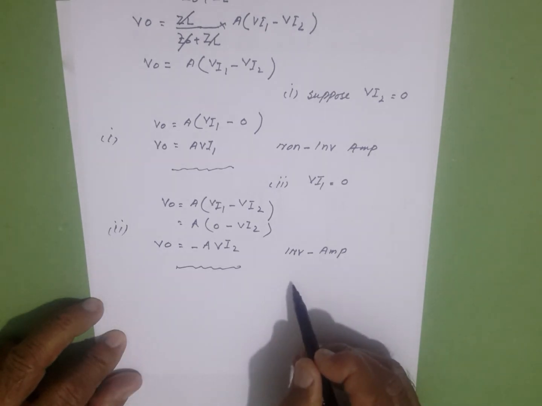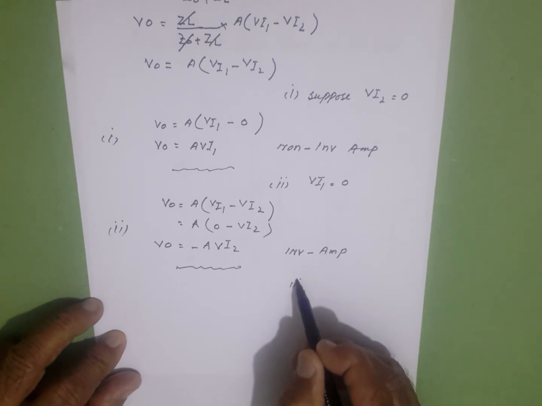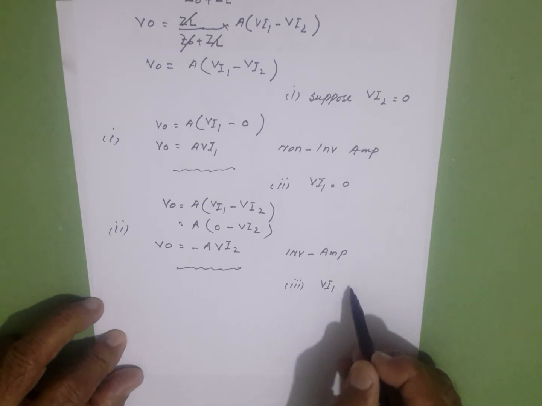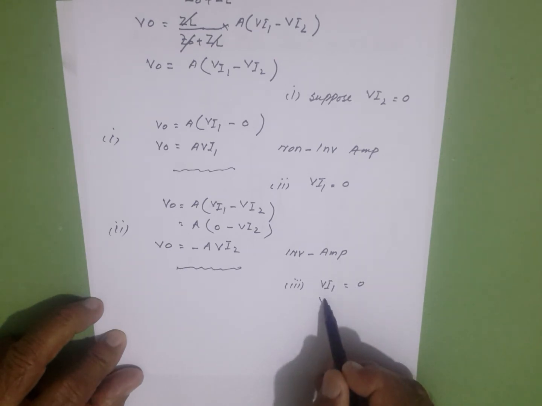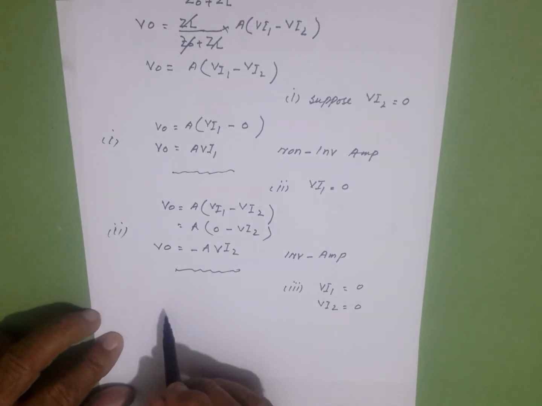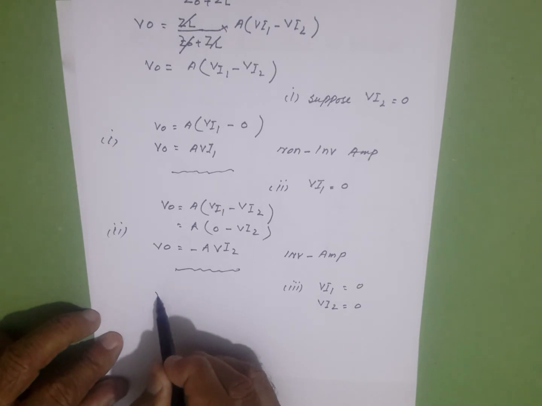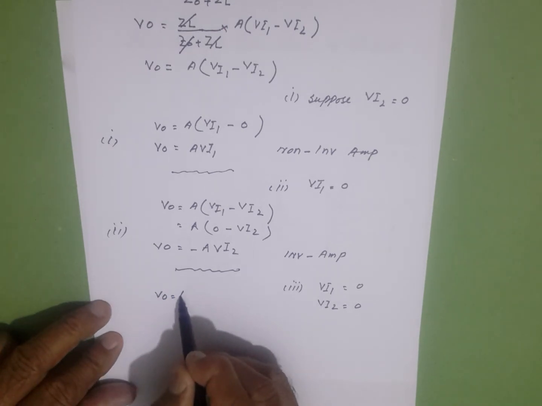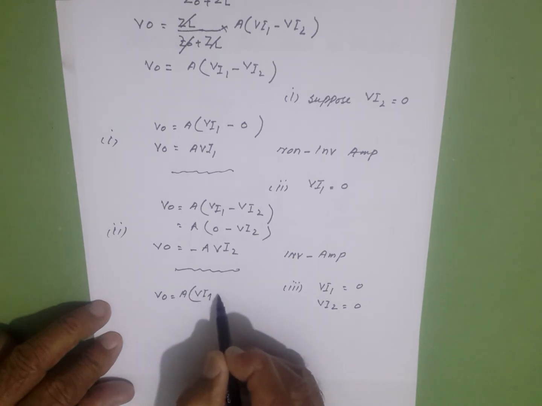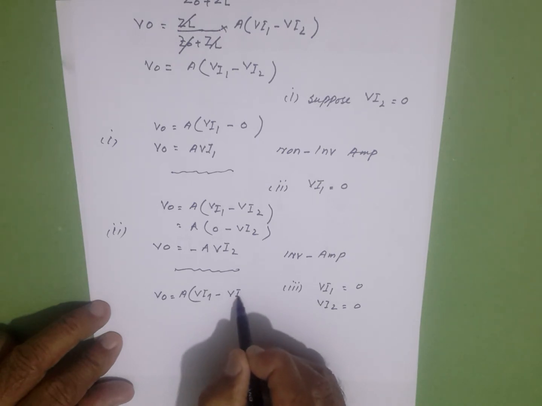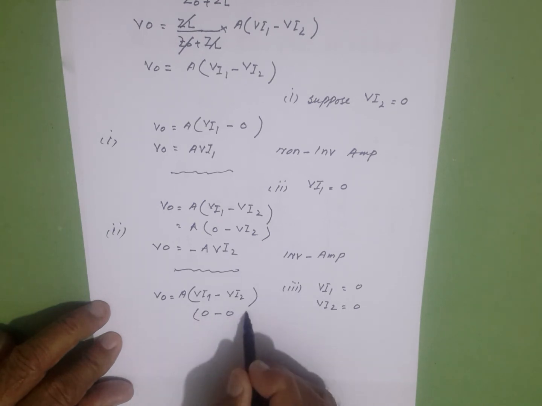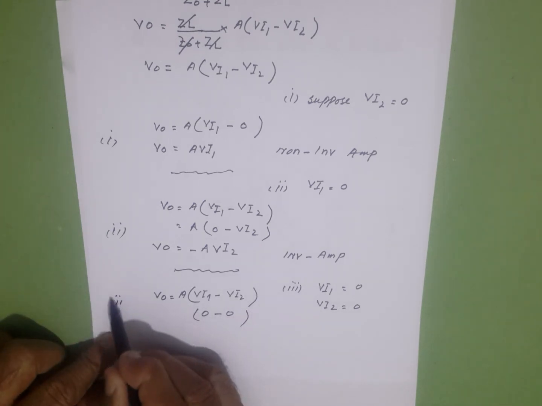Thirdly, we suppose that V input 1 is 0 and V input 2 is 0. Writing the formula, V naught is equal to A into V input 1 minus V input 2. This is 0, this is 0. This is the third case.